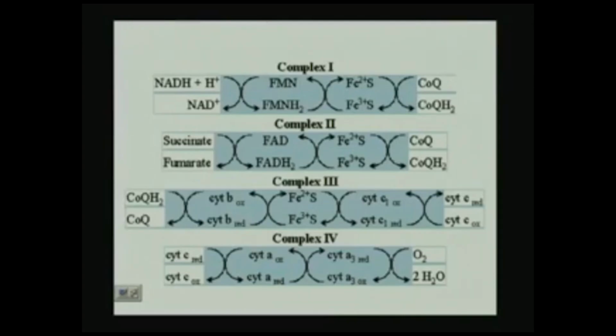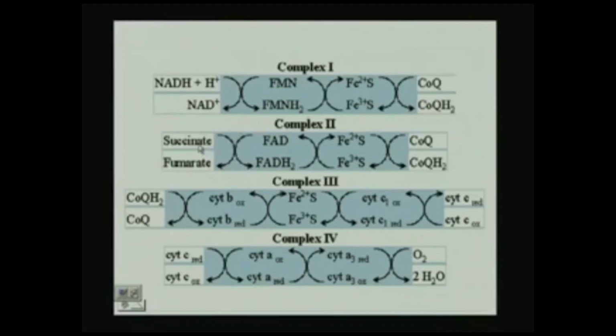So, this is a summary of all the complexes that we just considered, and we will look at the final equation in a moment. That is eventually what we want to do. We have NADH plus H plus going to NAD plus. In this case, CoQ forms CoQH2.